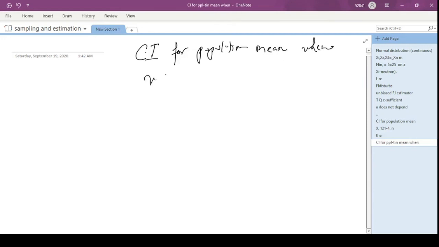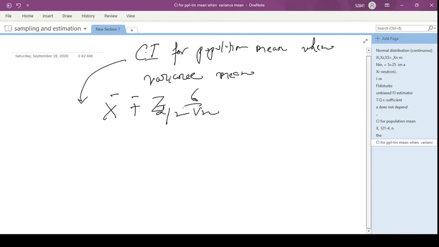I just showed you how to calculate the confidence interval. I'm not going to show it for each and everything. So what we found out is x bar plus or minus z alpha by 2 sigma by root n, right? So this is the formula.